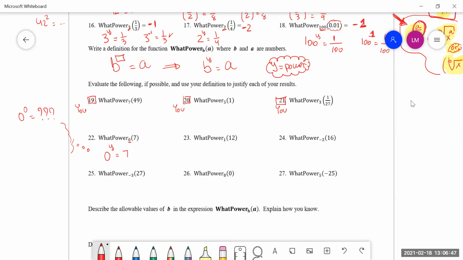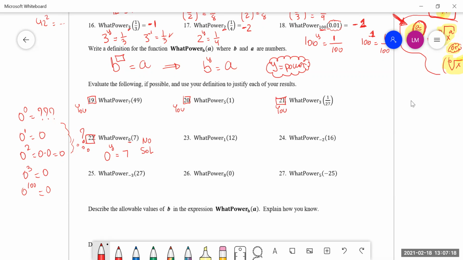Let's leave it alone. 0 to the first power is 0. 0 squared is 0 times 0, which is 0. 0 cubed is going to be 0. 0 to the 100 is going to be 0. Is it ever going to give us a 7? No. So we write no solution. So there's something funky about, can the base ever be 0? Let's put a big question mark here. Something doesn't smell good here.